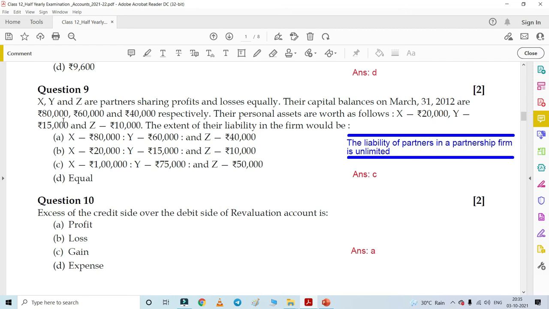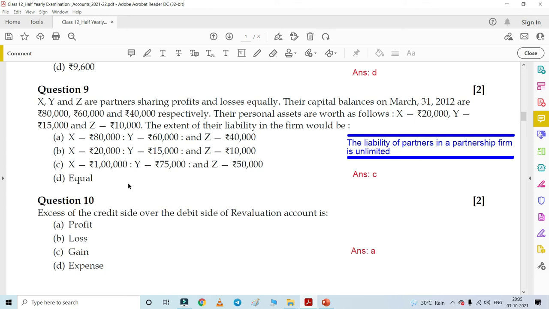So here we can see that 80,000 is the capital investment of partner X and his personal asset is 20,000. So 80 plus 20 makes 1 lakh. In the same way for Y, it's 60,000, his capital, plus his personal asset, that is 15,000.